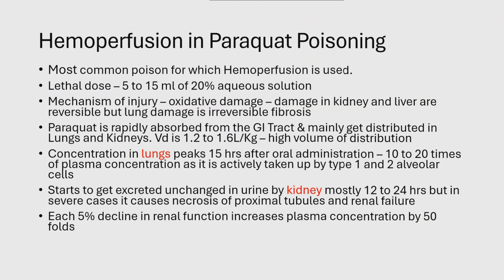Paraquat is very rapidly absorbed from the GI tract. The volume of distribution is high. The main concentration will peak in the lungs because it is actively taken up by the type 1 and type 2 alveolar cells. In 15 hours it will peak in the lung. In 12 to 24 hours it gets excreted from the kidney in unchanged form.